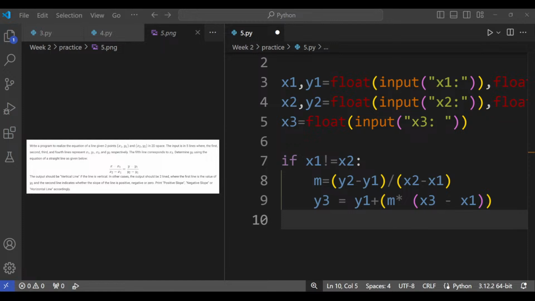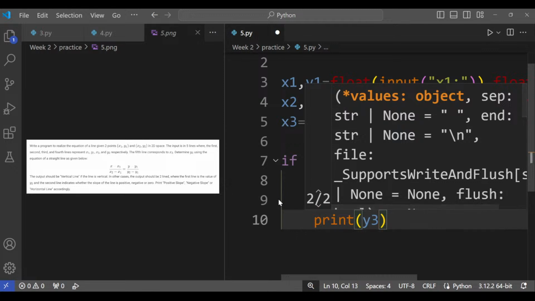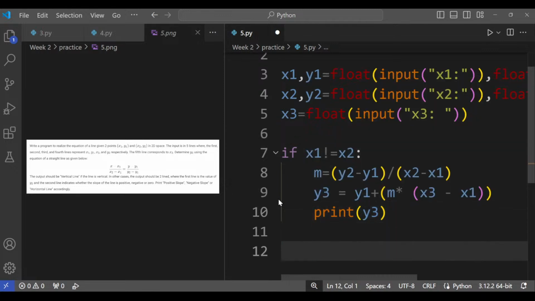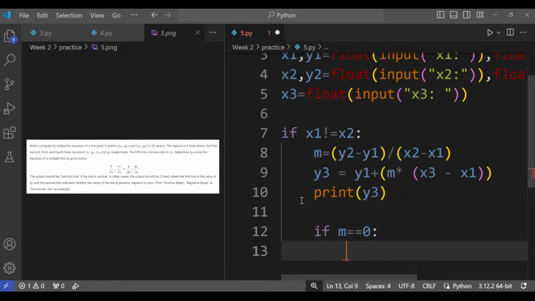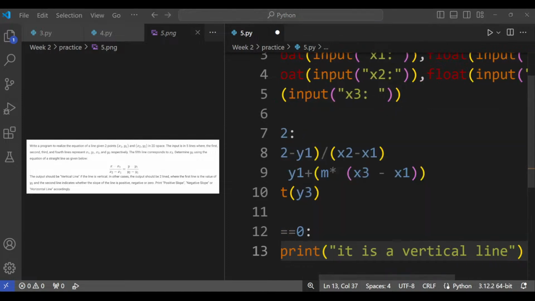You put that and then we print y3. And if we cannot print y3, it is because we have m equal to 0. Right. So if m is double equal to 0, we print it is a horizontal line. Wait, m equal to 0 is a horizontal line.